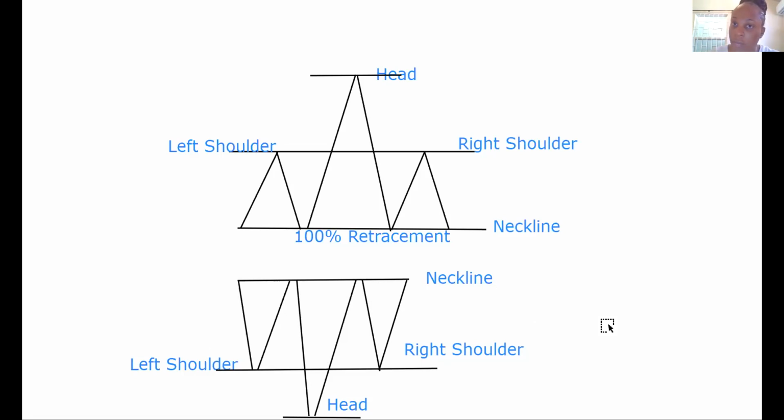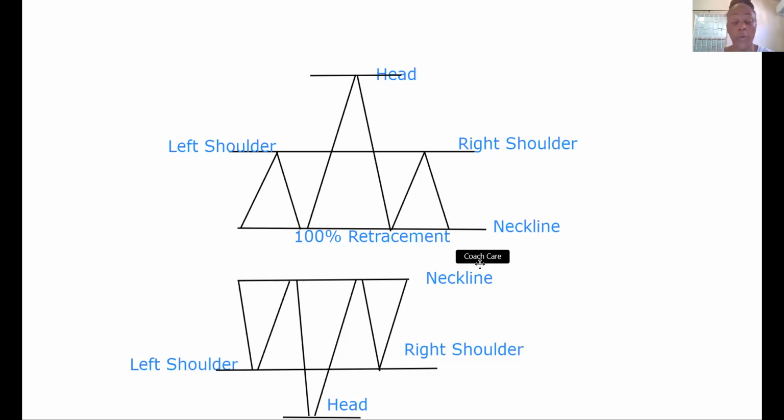Okay, I see a possible left shoulder. I see 100% retracement of my head. So what you can start to do to prepare yourself for a quality trade setup is use the support of your left shoulder or the resistance of your left shoulder as a target point to monitor this area for a possible move to complete the entire head and shoulder pattern.